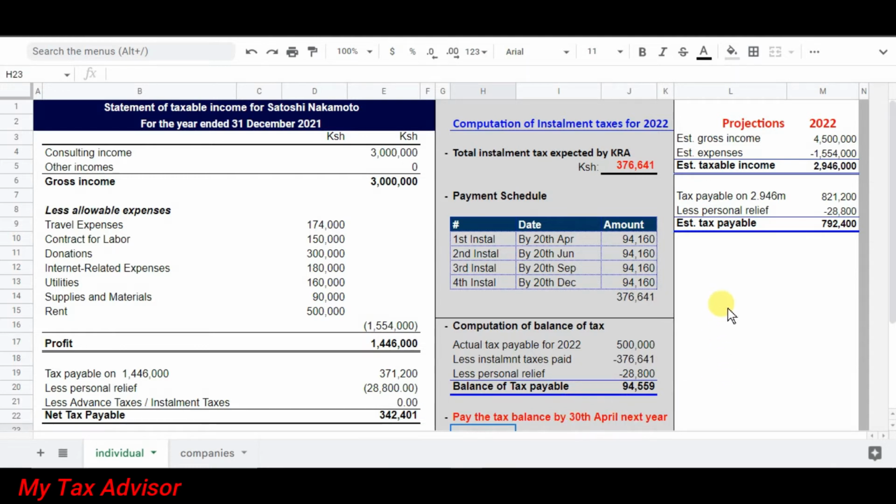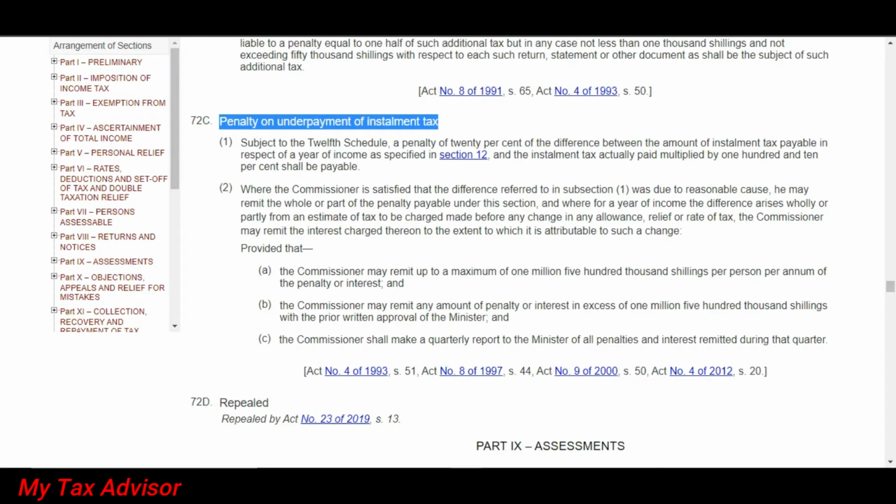So what would happen if you don't pay installment taxes and you already qualify to be paying installment taxes? Again, we go back to the Act, and the Act says penalty on underpayment of installment taxes.